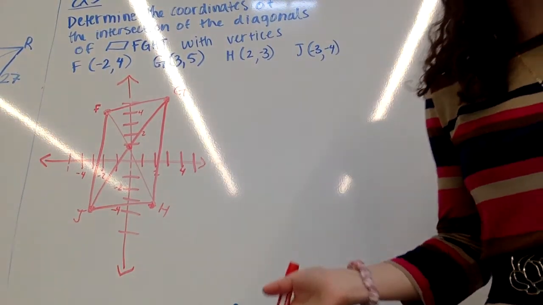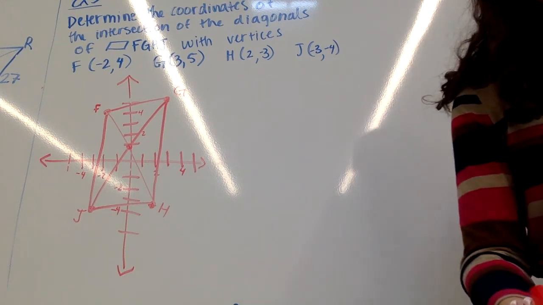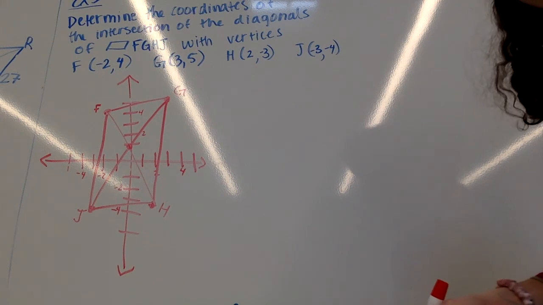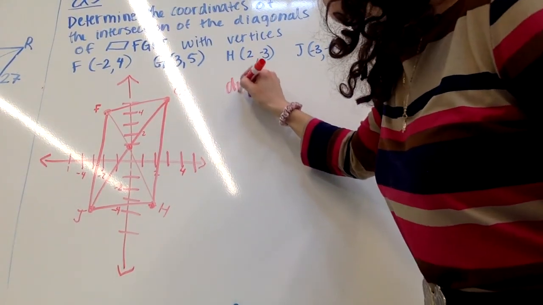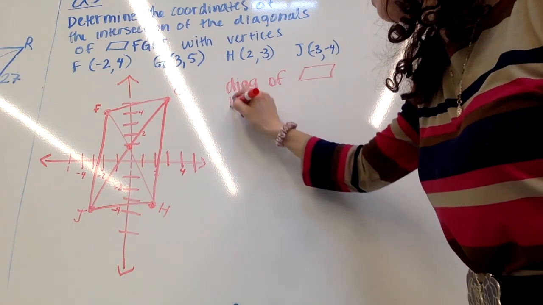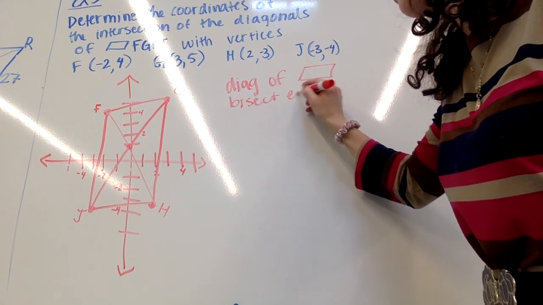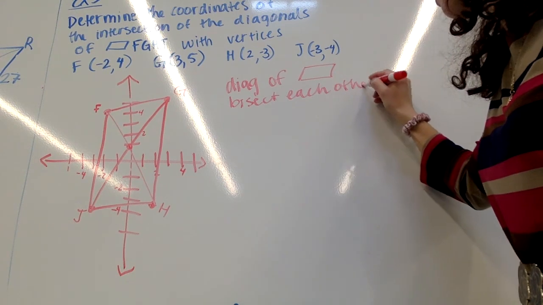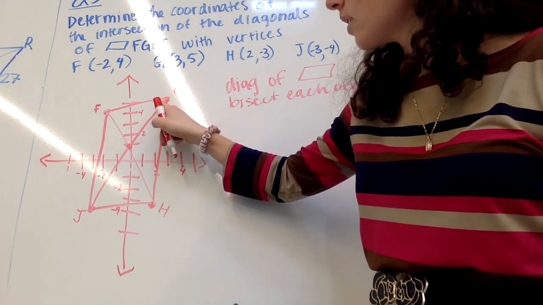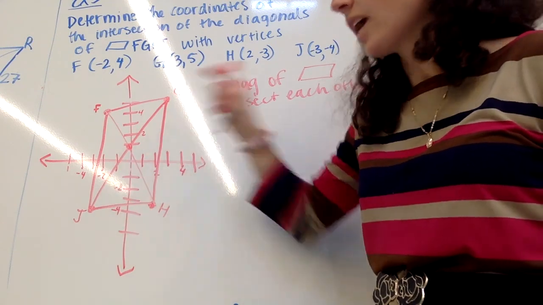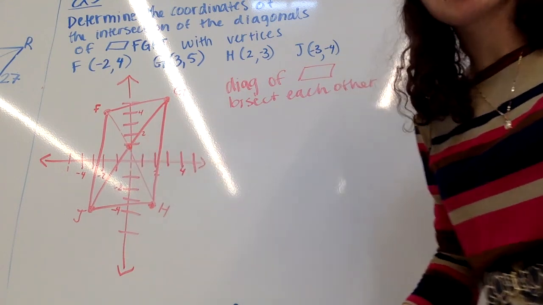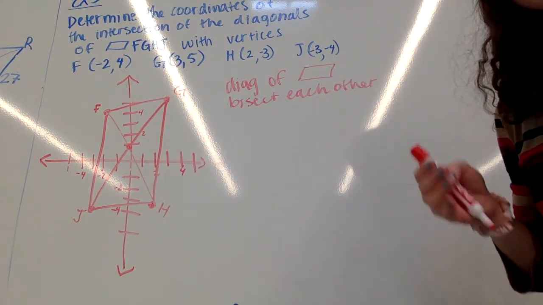Now this is just a sketch, so I can't just use that as an eyeball, but I do know that the diagonals of a parallelogram bisect each other. So I'm going to write that out for myself. Diagonals of parallelogram bisect each other, which means that this diagonal has been cut in half, and this diagonal has been cut in half, which means that point is the midpoint of either diagonal.